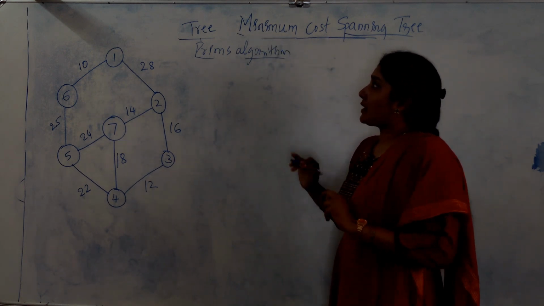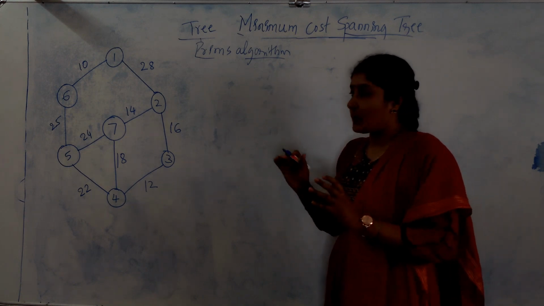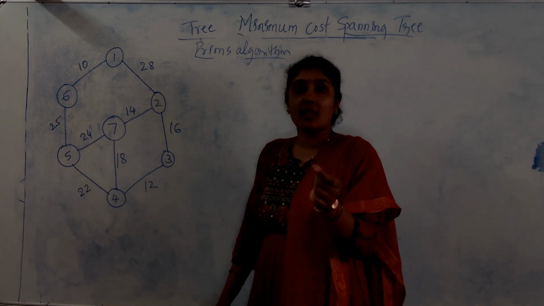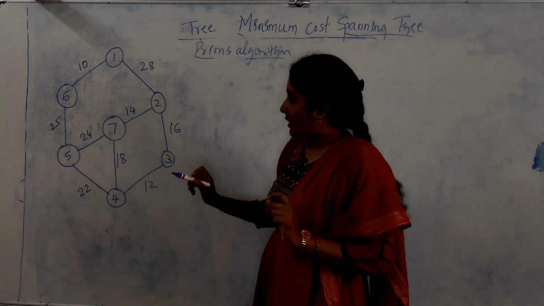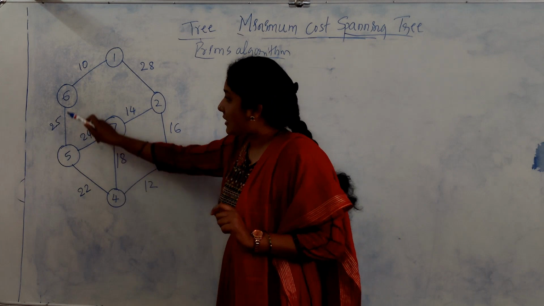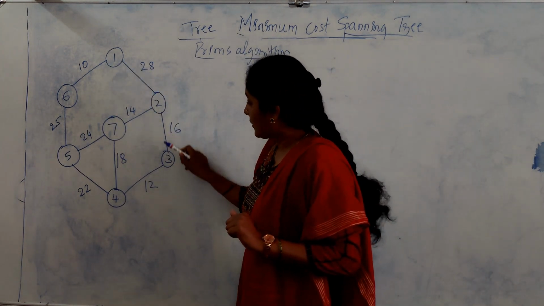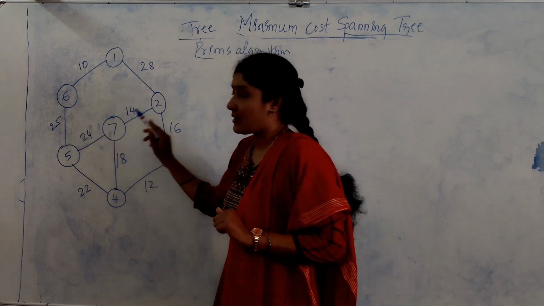So according to Prim's algorithm, first we have to consider the edge which has the lowest cost. See here, totally how many vertices are there? 1, 2, 3, 4, 5, 6, 7.